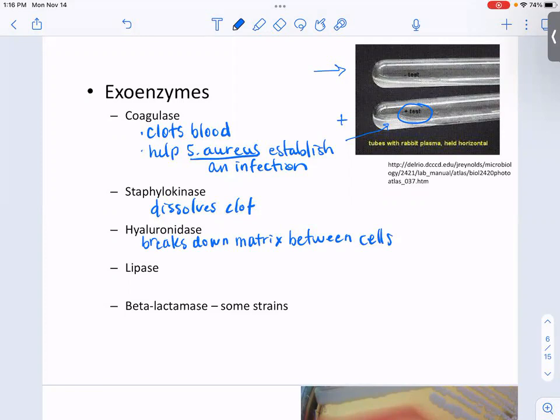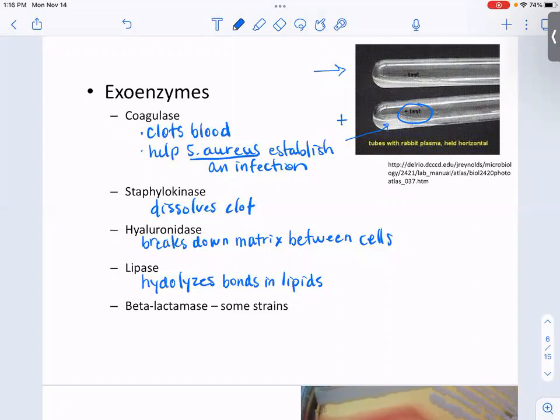Lipase, another exoenzyme that you tested for a while ago in lab. This hydrolyzes the bonds in lipids. Our skin can be kind of an oily place. We have sebum that's secreted around our hair follicles. If a bacteria can break down those oils, then it has a better chance of being able to invade.